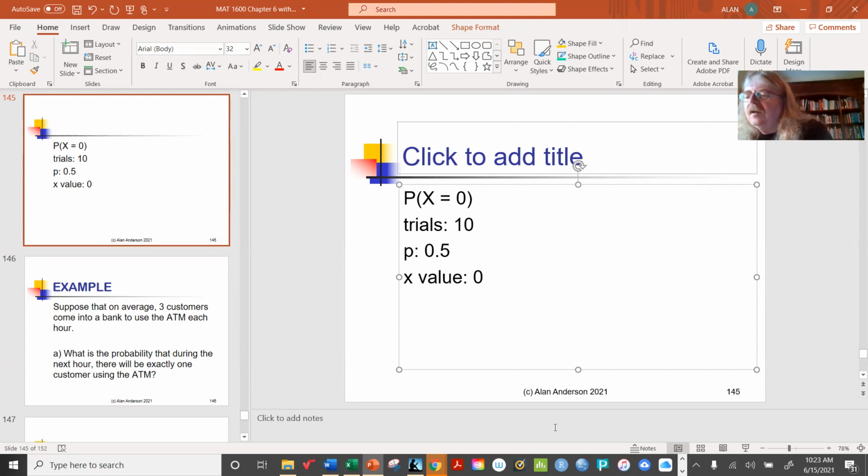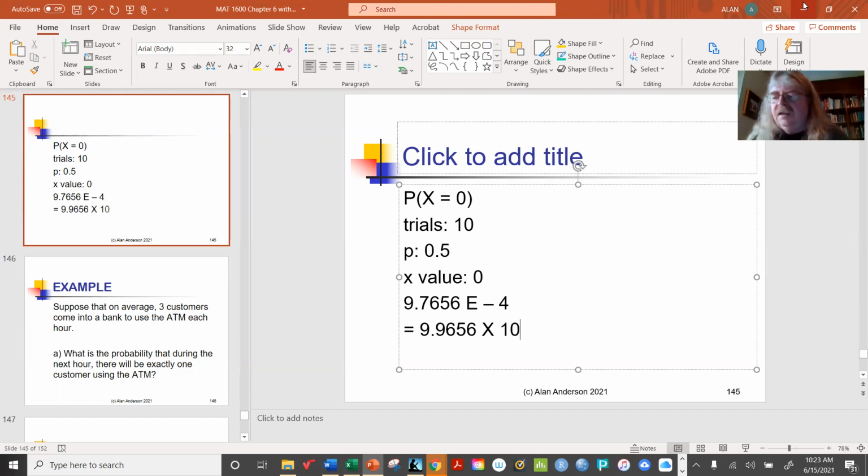Yes, in fact, it's so small that the calculator is actually showing us scientific notation. If you notice, it says 9.7656, and at the end, E-4. That's scientific notation. That means 9.7656 times 10 to the minus 4.